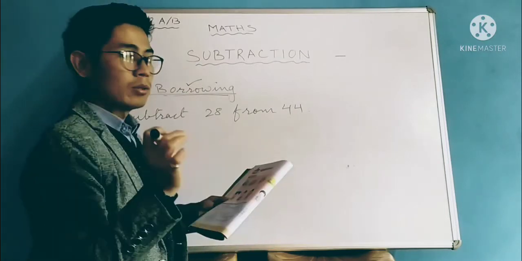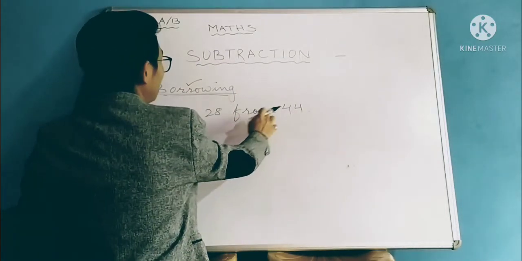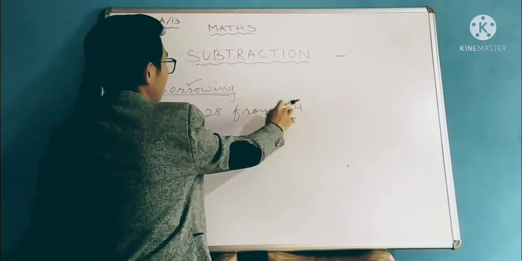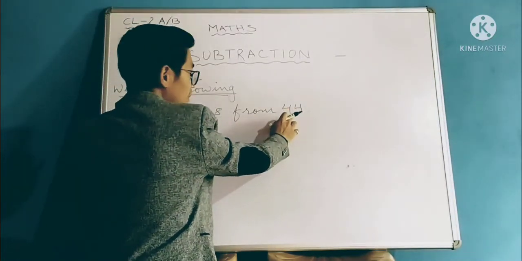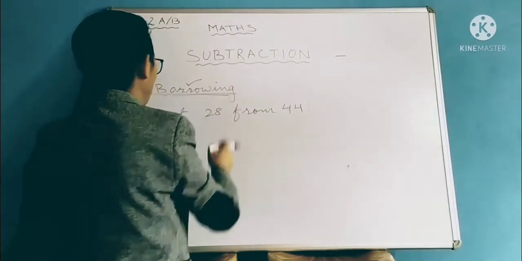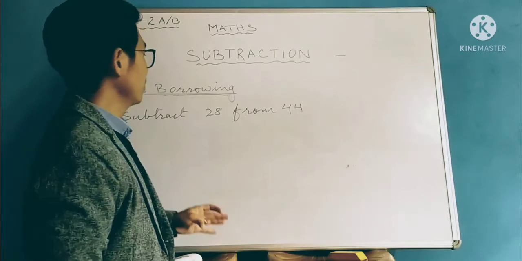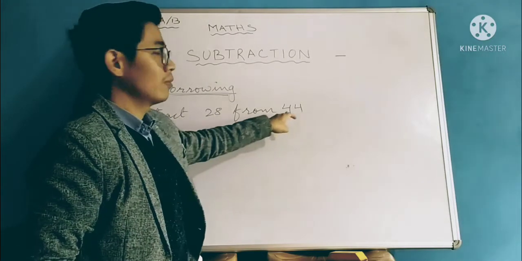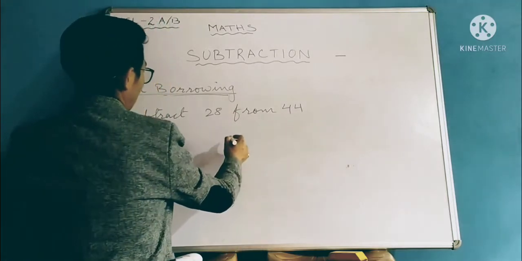Now please do not get confused. "From" means you need to subtract 28 from 44. It's like 44 minus 28. Alright, let's subtract 28 from 44.